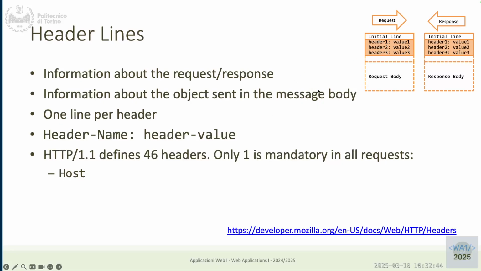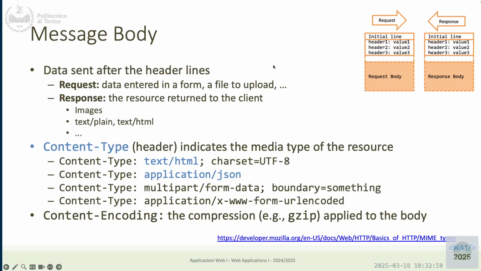We are not going into details about the headers, except that there are hundreds of headers defined that are sent by the browsers or by the server. The one that is interesting to us is the content type header, which specifies, if we have a body in the response or in the request, the encoding of this body.